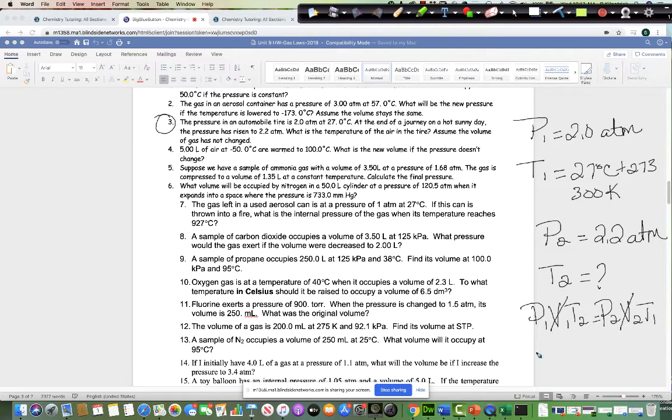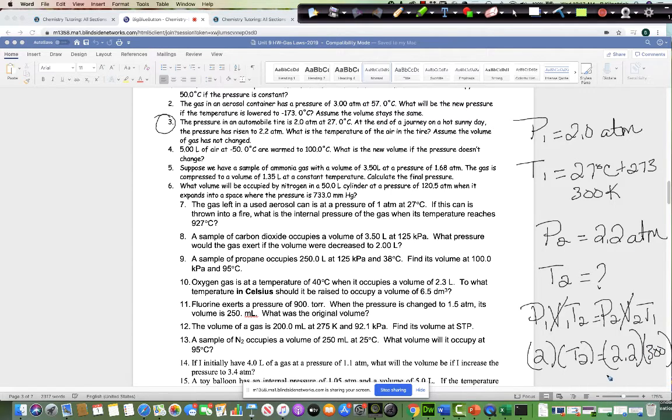So it's going to be 2 multiplied by my final temperature, and that's equal to 2.2 multiplied by 300. Make sure you're putting the temperature in the right spot. The initial goes on the opposite side.